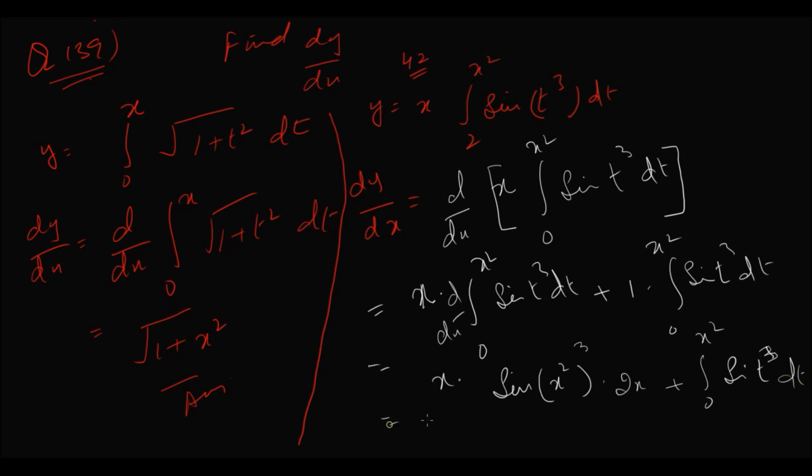And finally, 2x square sine x to the power 6 plus the integral from 0 to x square of sine t cube dt.